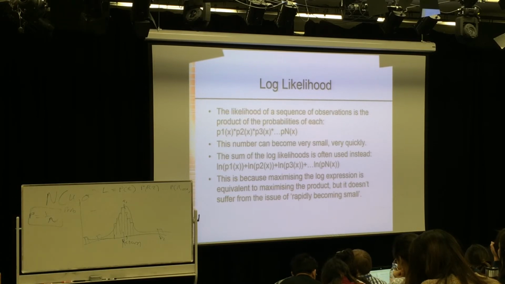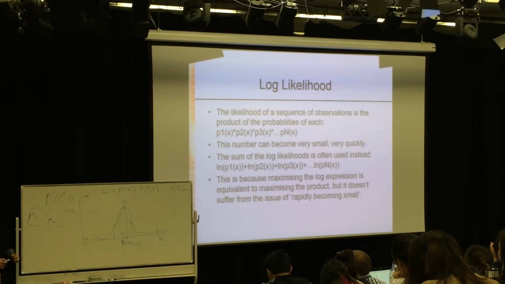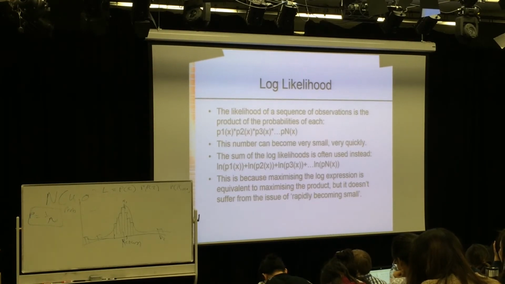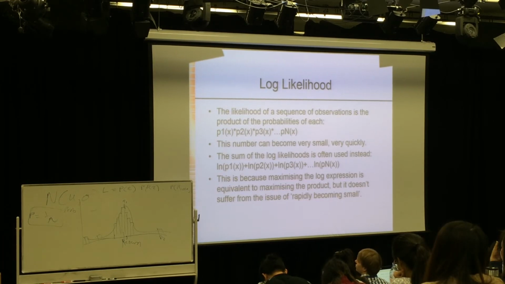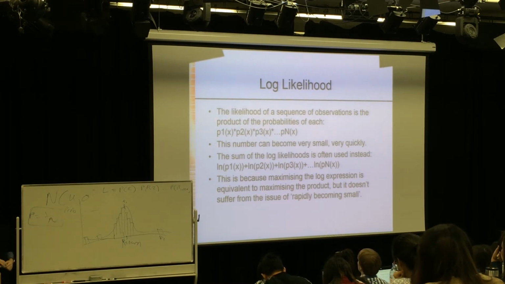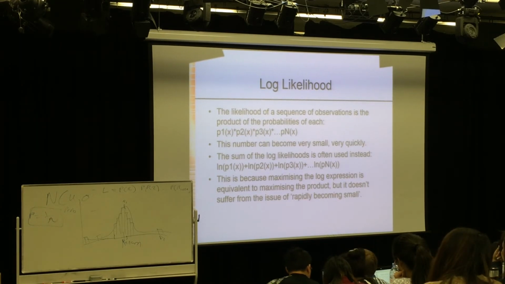So if you get the log of this, you probably know that the log of a times b is the same as log a plus log b. Okay? So that's why people use log likelihood. They get the log of each probability, and then they just sum them all. Okay? And that's just a better scale. Numerically, it's easier to deal with.